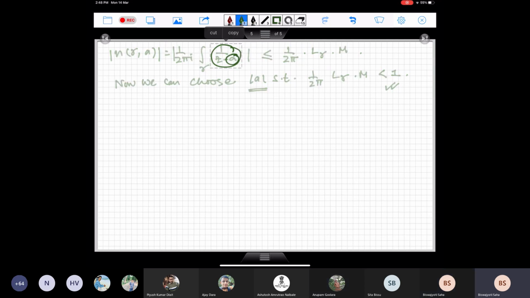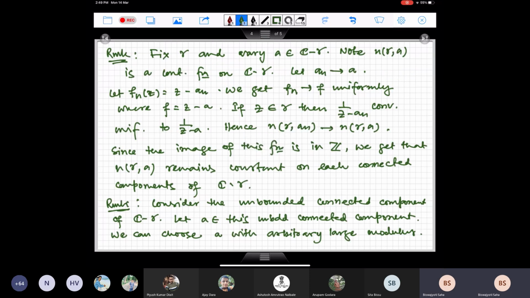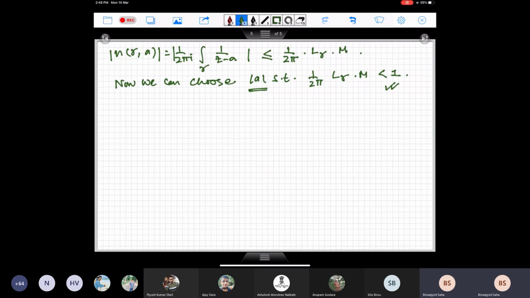What I am saying is that in the unbounded component, I have the flexibility of choosing A arbitrarily large. If somebody asks me for a complex number in this unbounded component having modulus bigger than 10 billion, I will be able to give it. That's what it means to say it's an unbounded component. Let's say this is bounded above by M, or you can keep it M_A if you like.